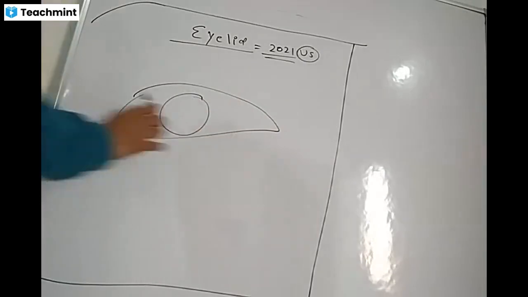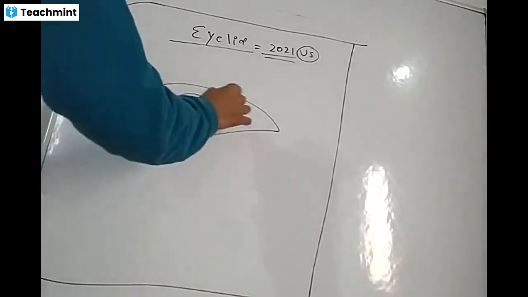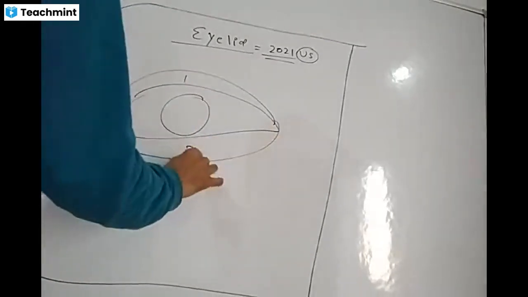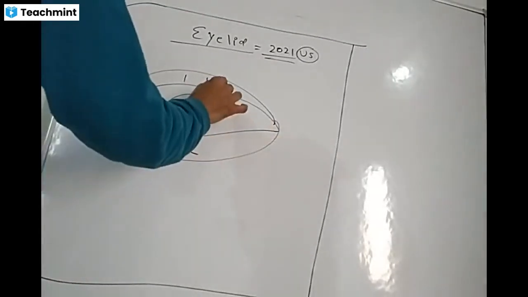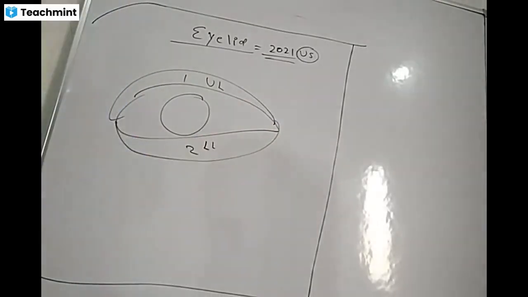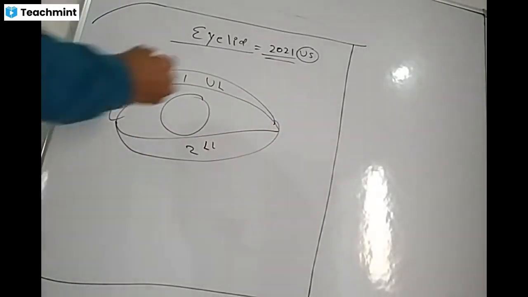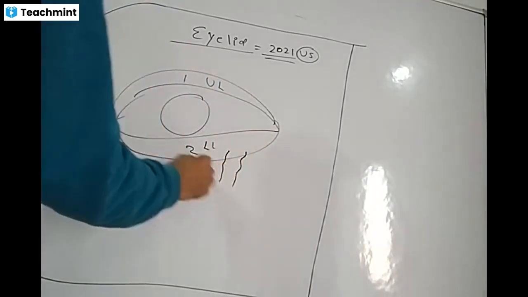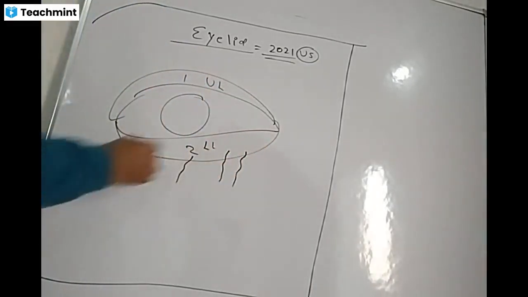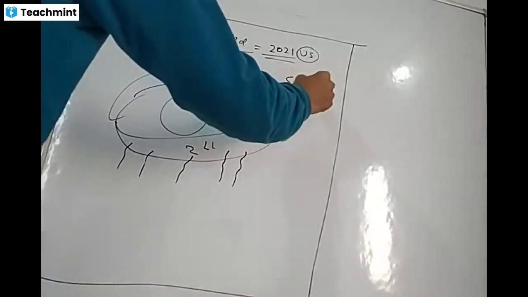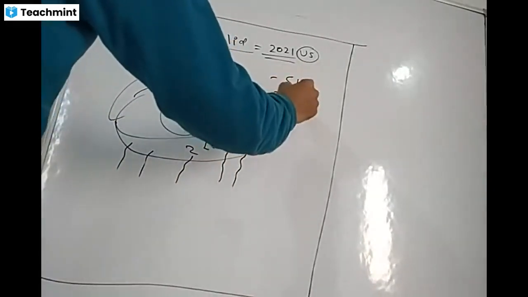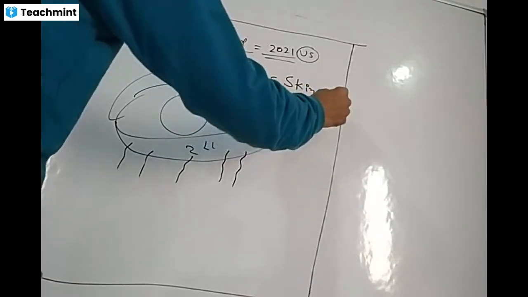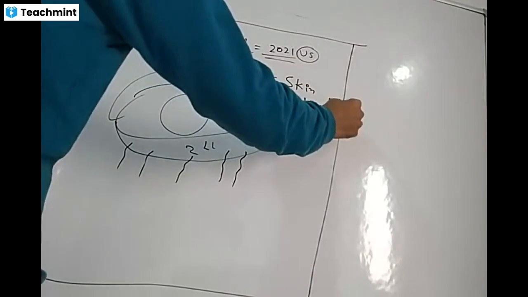if this is one eye, then this is one, and this is two. Upper eyelid and this is lower lid. The structure of these eyelids, if we look at the structures, then there may be skin with eyelashes that are also known as cilia.